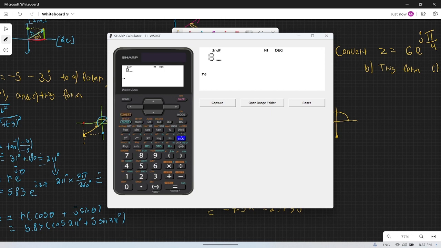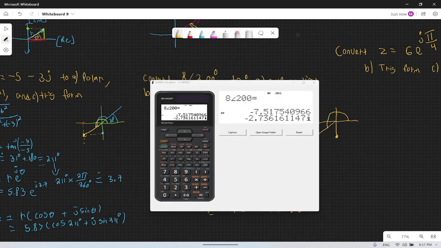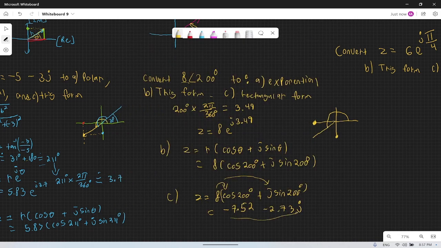I believe you hit second function, and that gives you your angle, and we had an angle of 200 degrees. Hit equals. Oh, and it's converting into the negative angle again. Then we hit second function to xy, and there we go. We had negative 7 and negative 2.73 or so, and that's what we got. So that's a good way to check your answer.